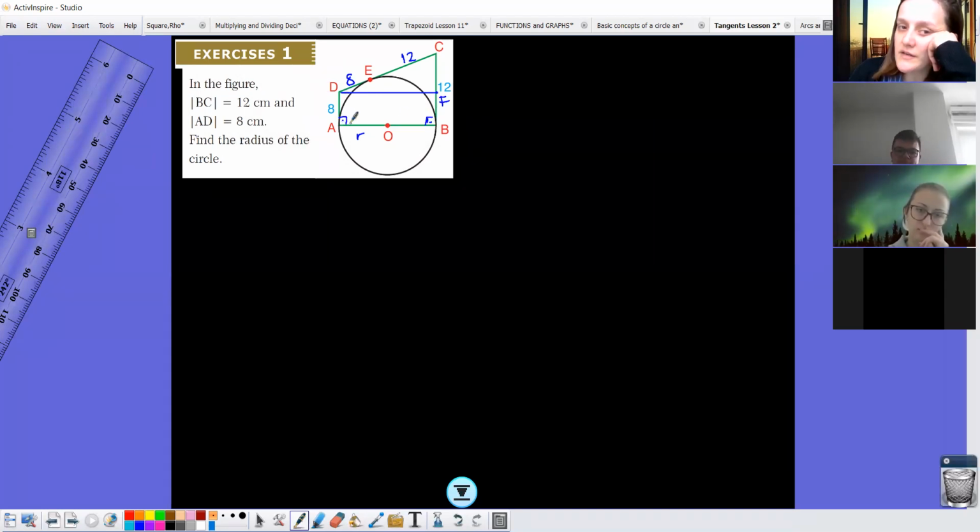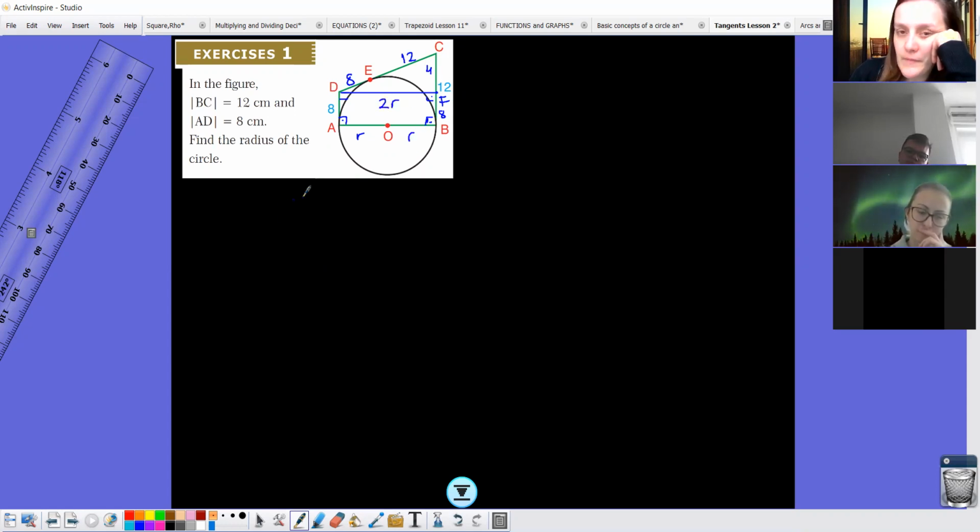These are 90 degrees and I draw the parallel to AB, so this one is 90 and this one is 90. It means that if this is 8, BF will be 8. And if BF is 8, CF will be 4. And DF is 2R.